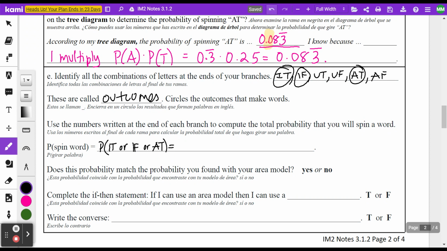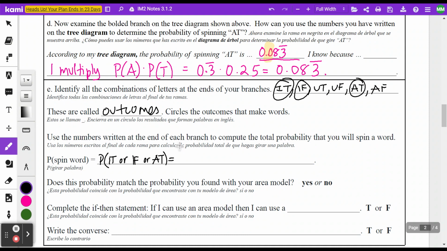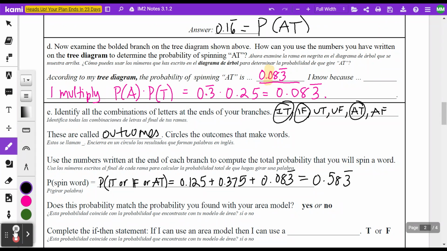So we have 0.125 plus 0.375 plus 0.083 repeating, which equals 0.583 repeating.